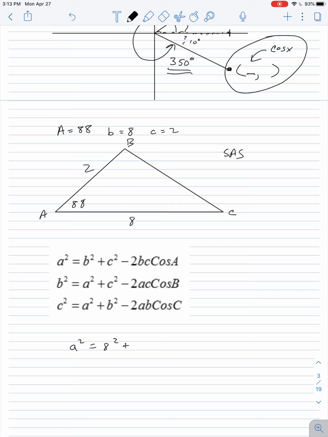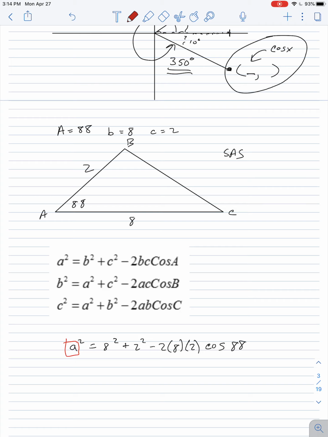B squared is 8 squared, C squared is 2 squared, minus 2 times B times C cosine of 88. Yay, that worked because I only have one unknown. If you pick one that has more than one unknown, then you've picked the wrong one and try something else.